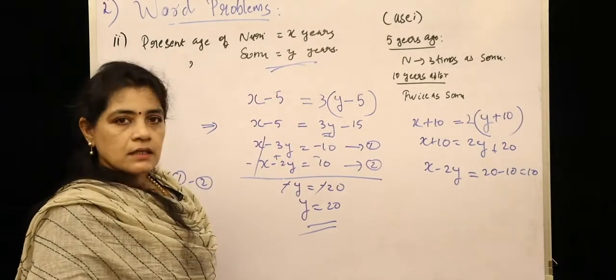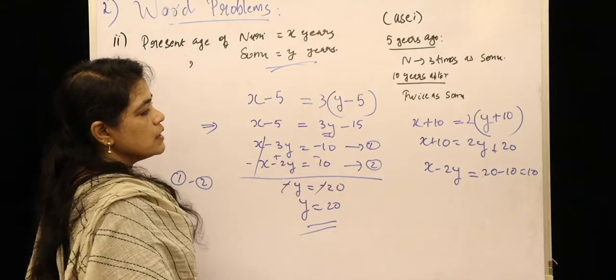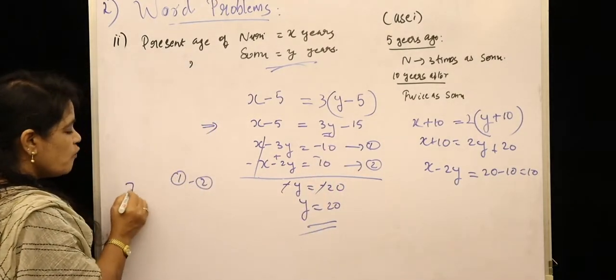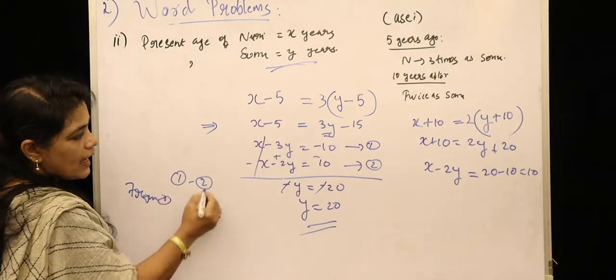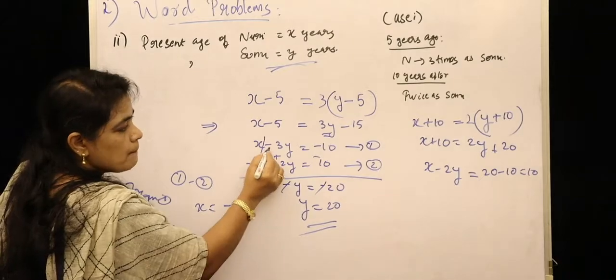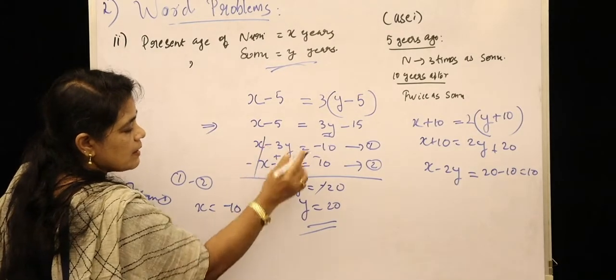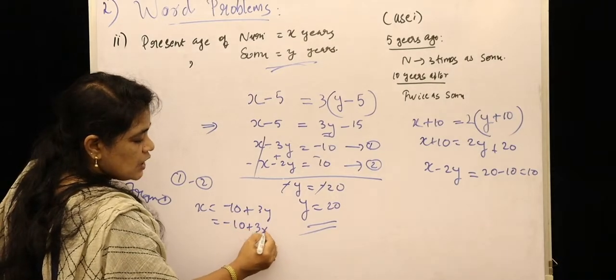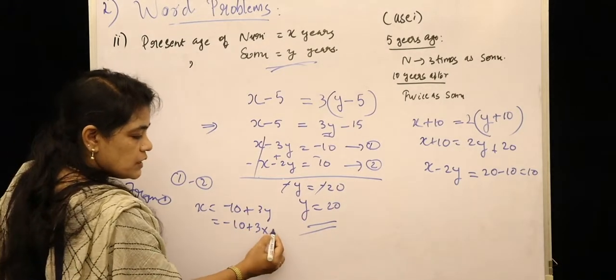And how to get x? You can substitute into one of the equations here. Okay, so I am going to substitute into the first equation. So from 1, x can be expressed as minus 10 plus 3y. Minus 3y becomes plus 3y. That is minus 10 plus 3 into, here y we got as 20.